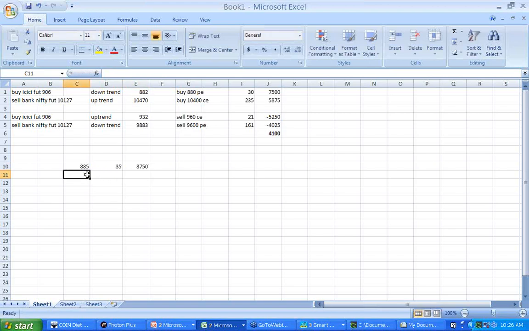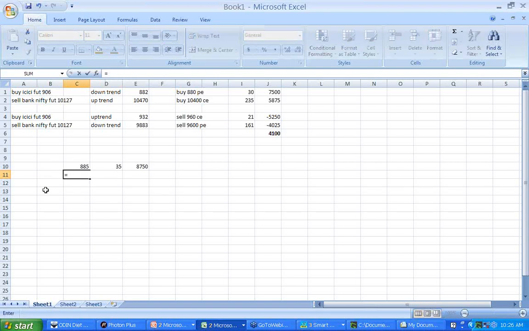And in the same way, I have bought at 10,127 minus 164, 161. So this is the value. I'm just projecting the theoretical profit and loss. Sorry, I have to add it here.